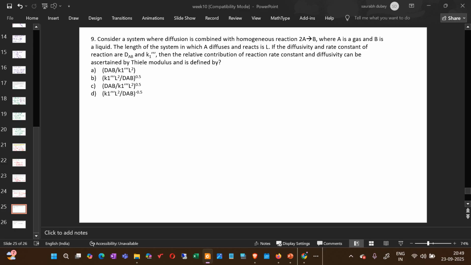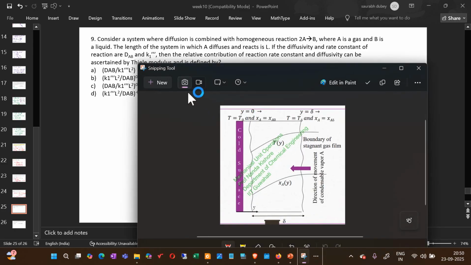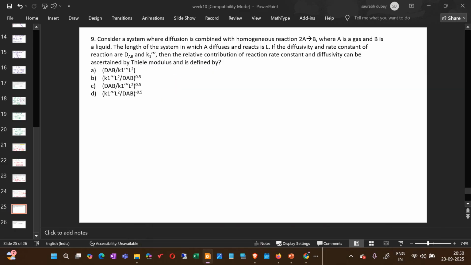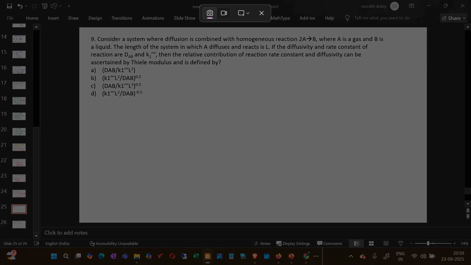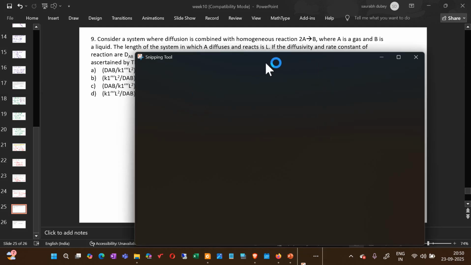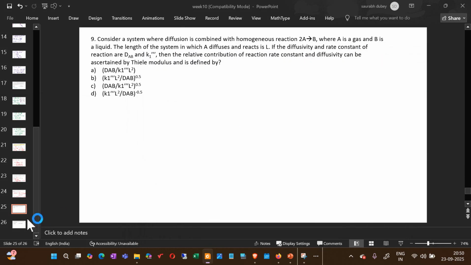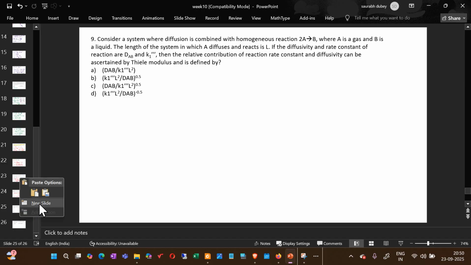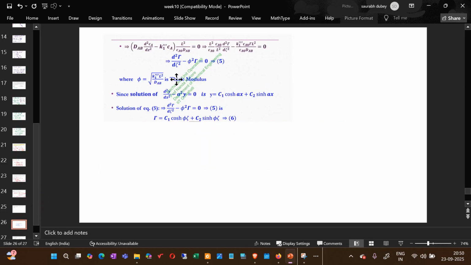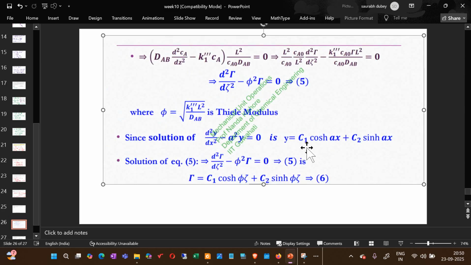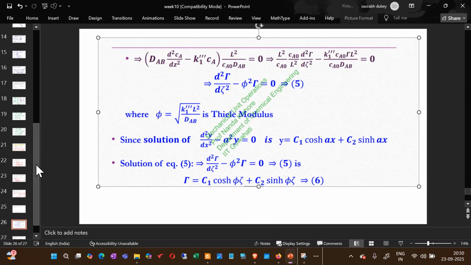This is a very standard equation, and that is the equation that came from there. So it is K1 triple S L square divided by D, right?